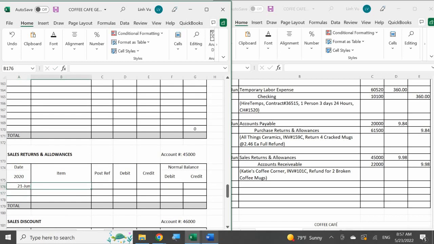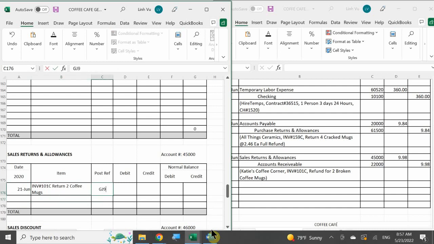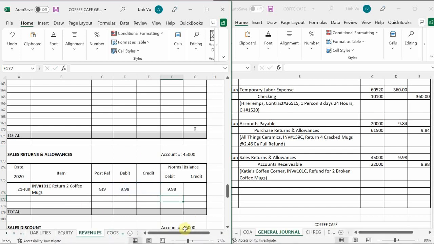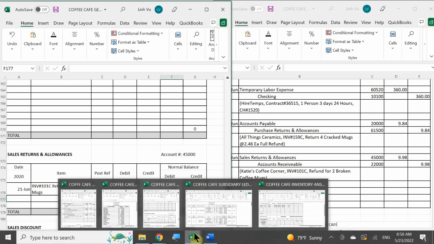You can write invoice 101C, return 2 coffee mugs. Okay. Which we got a debit for $9.98.